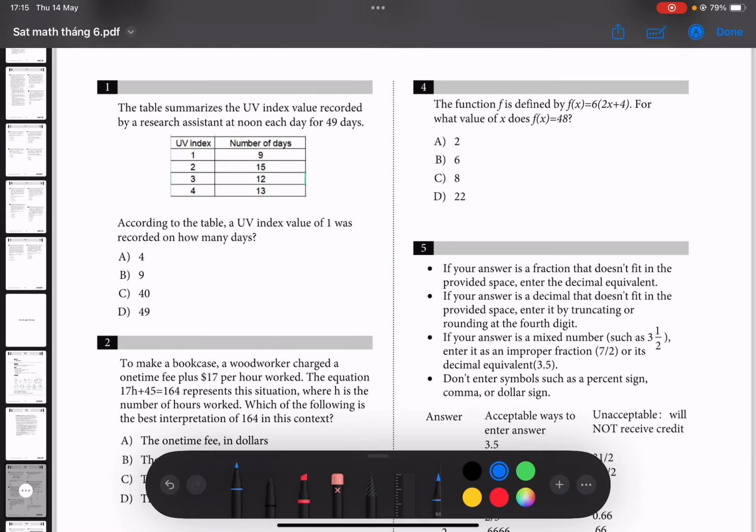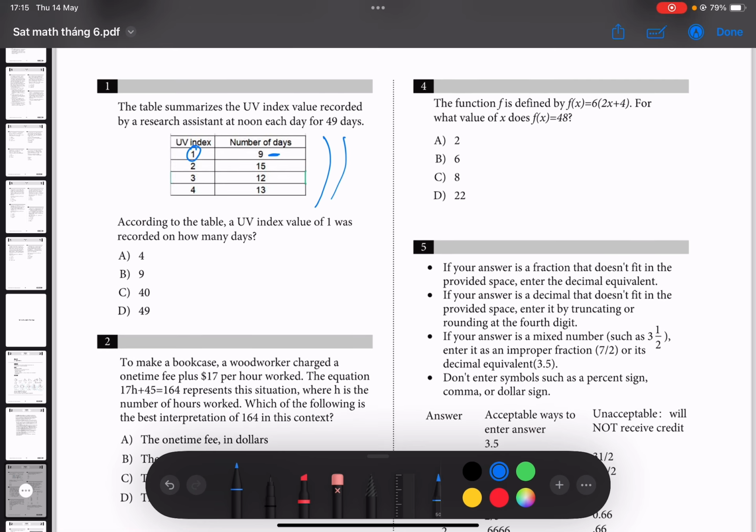So here's the table, a frequency table. For the UV index of 1, it repeats 9 times, so it means 9 of the 49 days had a UV index of 1, and the same goes for UV index 2, 3, and 4.